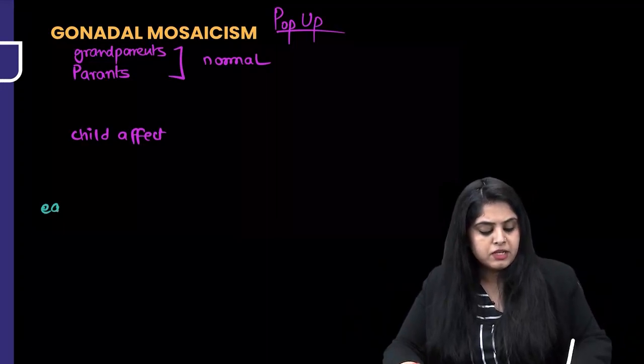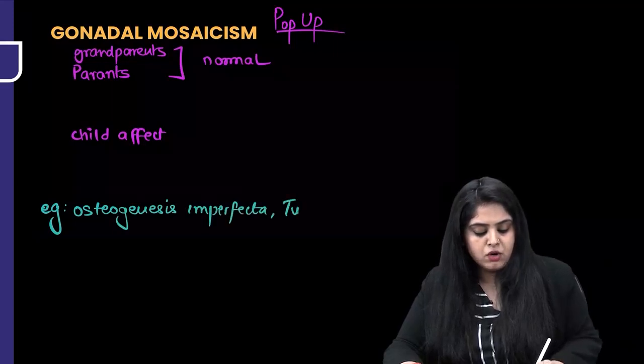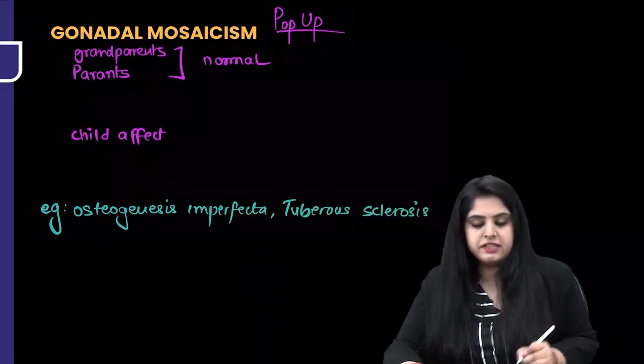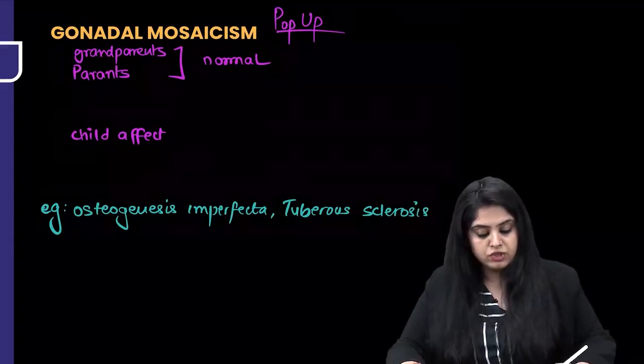I'll give you an example. Child is born with osteogenesis imperfecta, or child is born with tuberous sclerosis. So if they say that no one in the family has any of these problems, why are these children having these problems? So now think logically.